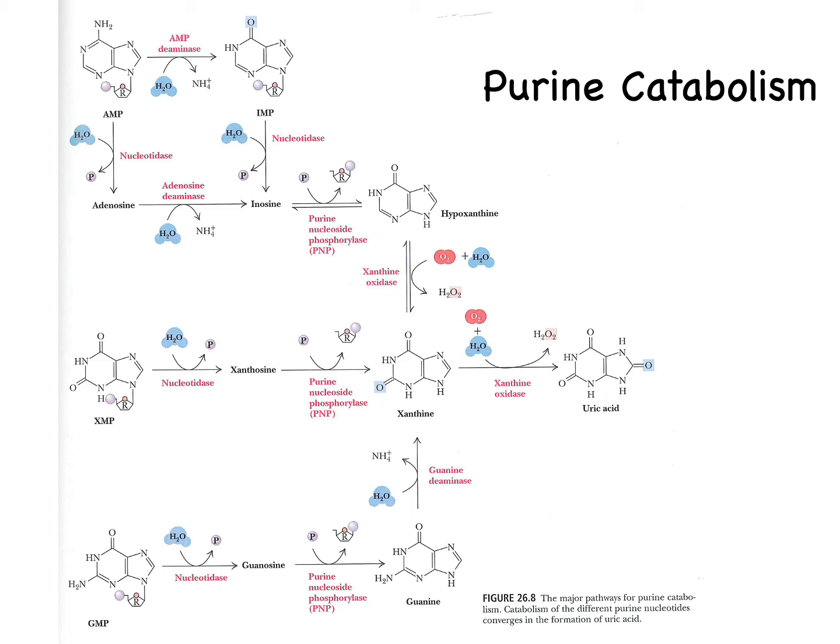The other pathway takes the phosphate off first to make adenosine, that's the base plus the sugar, and then deaminates it, and so we get the inosine, just like the first pathway.